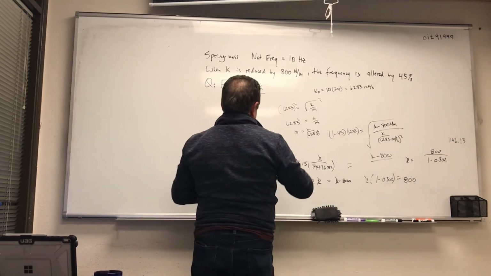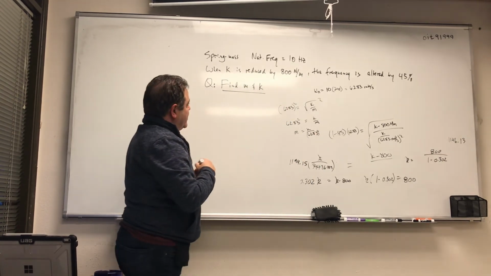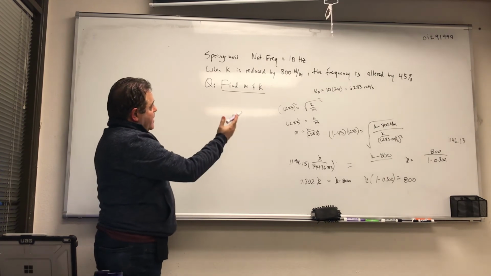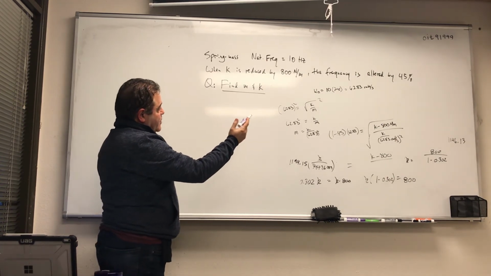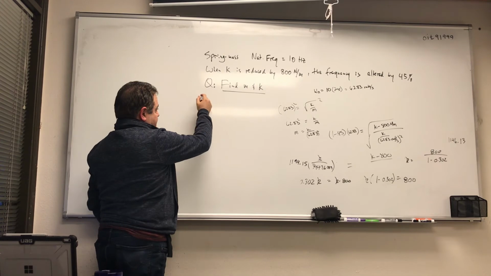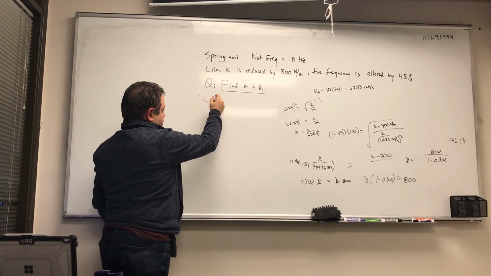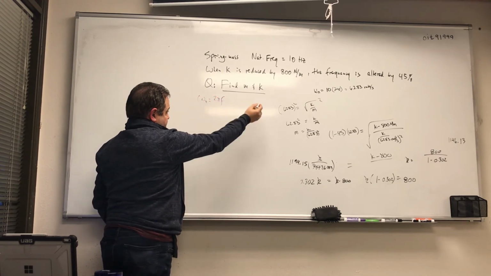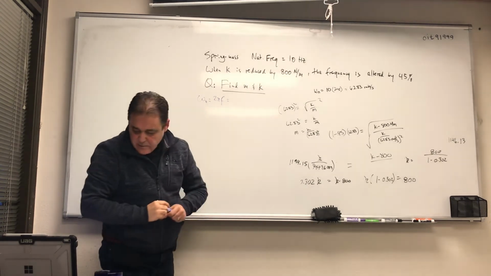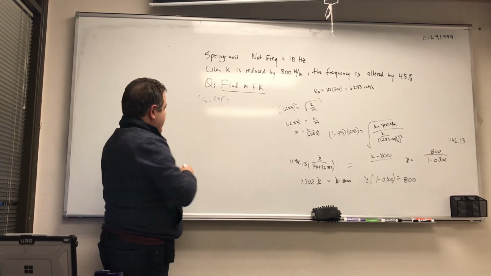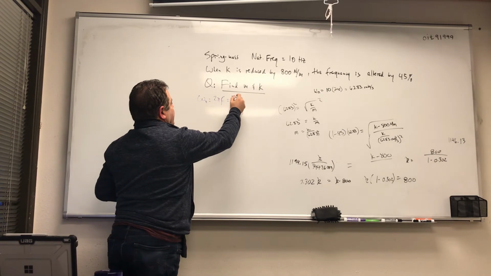Well, my steps, if I were to do it, this is what I would do. It says the spring mass system 2.3 has a natural frequency of 10 hertz, meaning that obviously omega n equals 2 pi f, which is 20 pi.